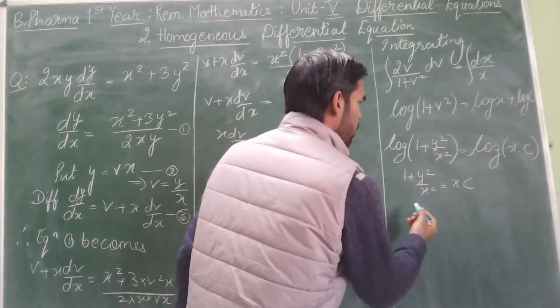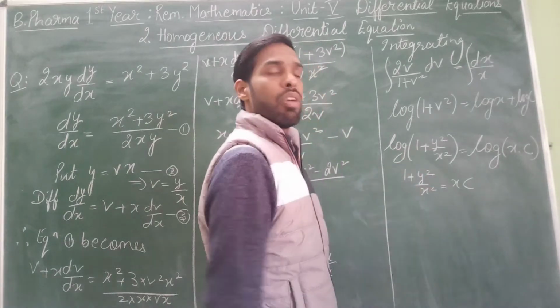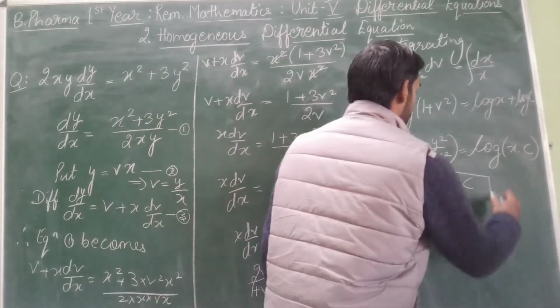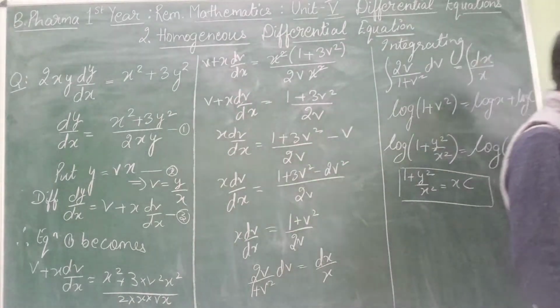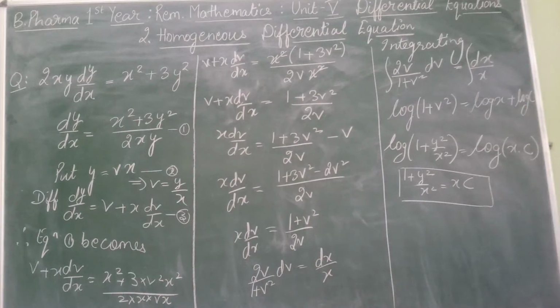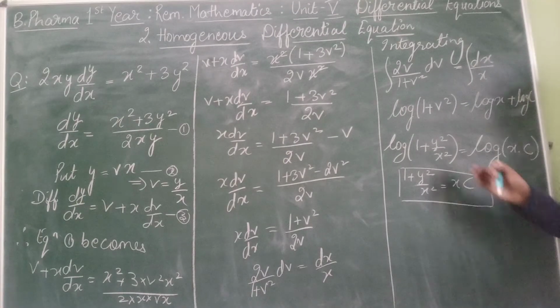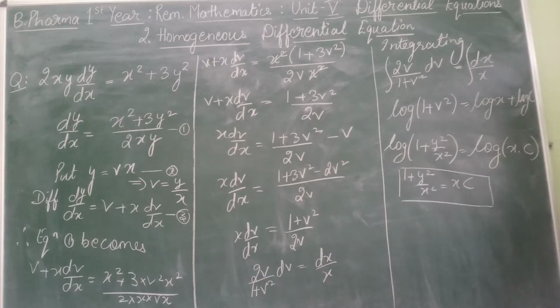You can take LCM also if you want, otherwise you can leave your answer up to here only, that 1 plus y square upon x square is equal to xc. If you want, you may further solve also, but that much is your answer.